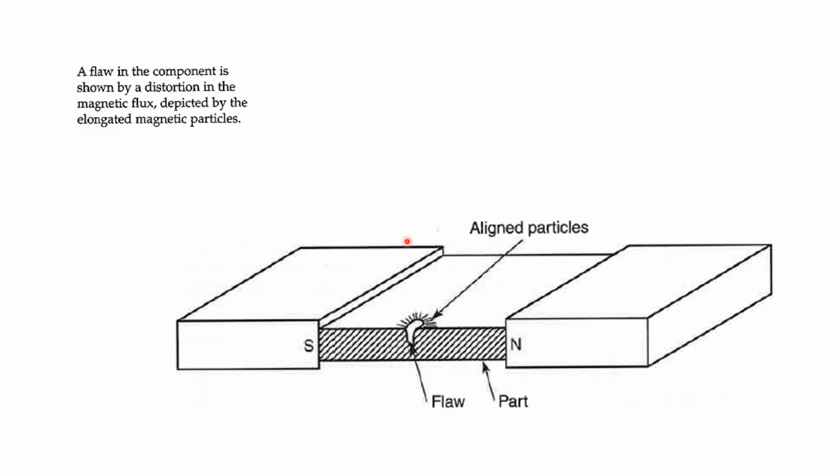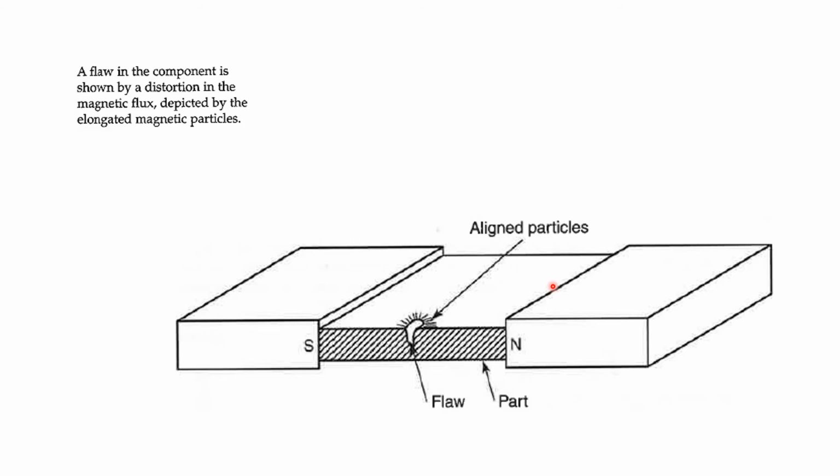This is a textbook diagram, and you can see a flaw right here in the component. The S and N is just an indication of your magnetic flux. We're not drawing the lines all around here, but every time we mention S and N, you are dealing with a magnetized part, with all your flux all around the environment.